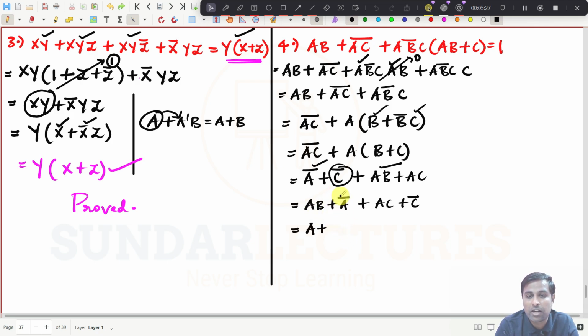I can add, sorry. This is complemented. So this term can be written with this one, a plus b, and you see here these two terms are complemented. So what I can write, so this is a bar, right?